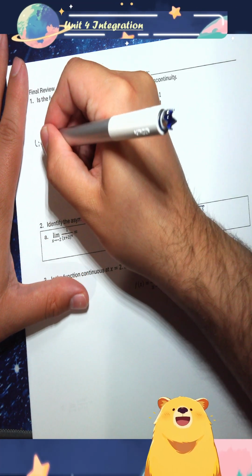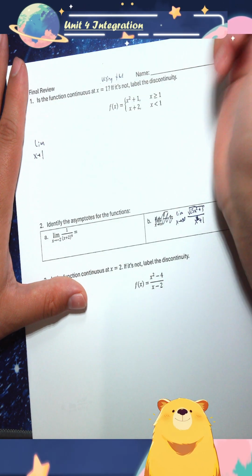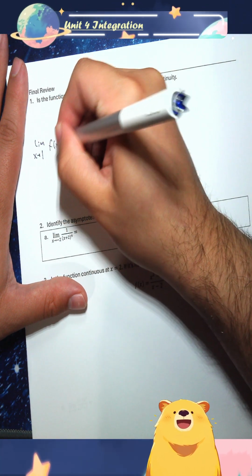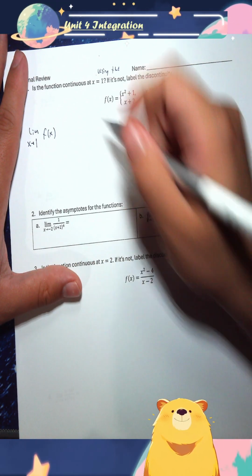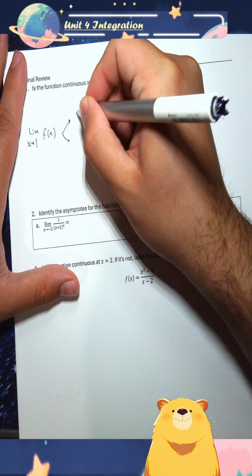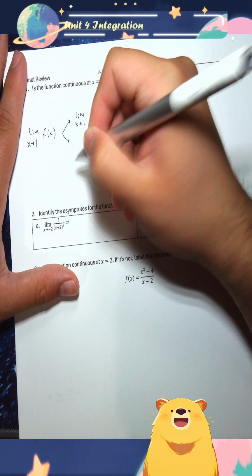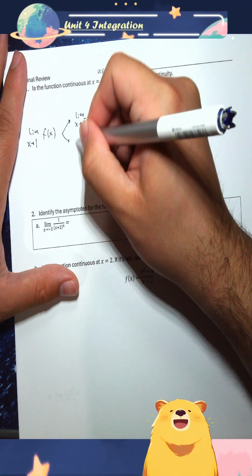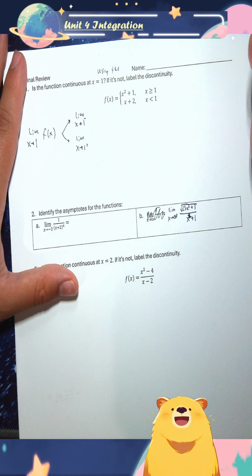So if I'm doing the limit as x goes towards 1 for this function f of x, because it's piecewise, I have to split this limit into two. I have to approach 1 from the left side, and I have to approach 1 from the right side.